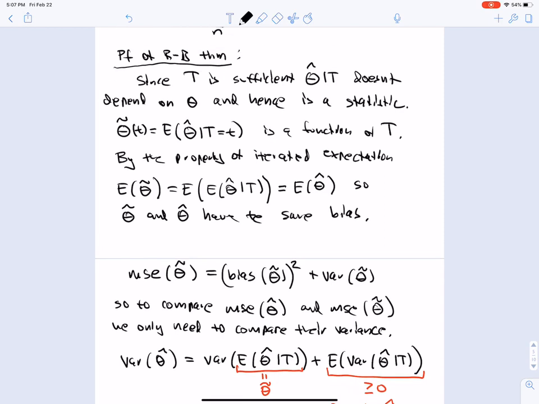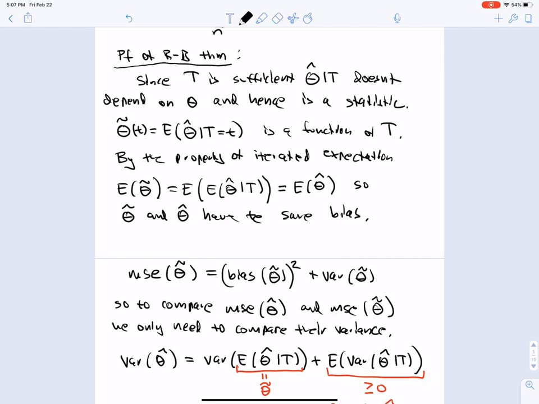So since t is sufficient, theta hat conditioned on t doesn't depend on theta, and hence it's a statistic. And furthermore, theta twiddle, which is the conditional expectation of theta hat conditioned on t, is a function of t, and by the property of iterated expectations, it'll have the same expectation as theta hat.